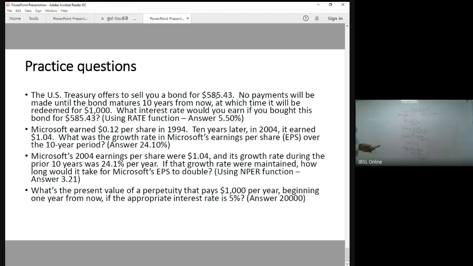That is 3.21 years. They will only take 3.21 years to double.